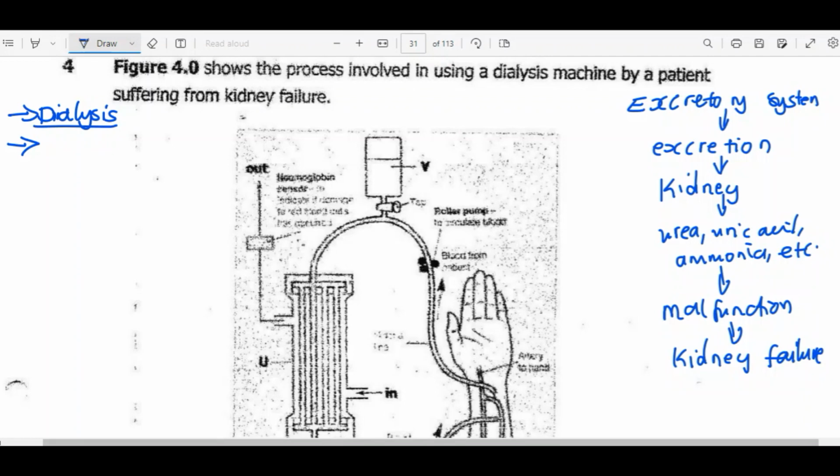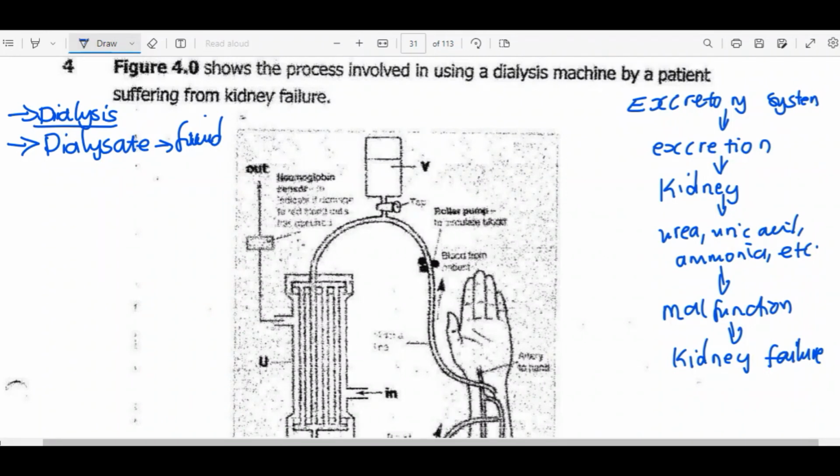Then the fluid that is found in this machine is called dialysate. If you encounter a term like this one, just know that this is a fluid found in this machine.